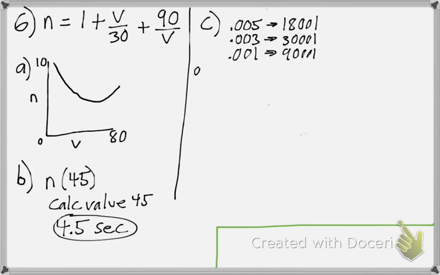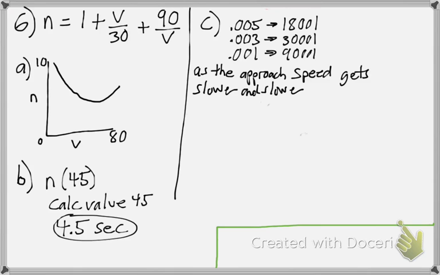So what this means is that as the approach speed of the car gets slower and slower because it's getting closer and closer to 0, then the length of the yellow light gets bigger and bigger.